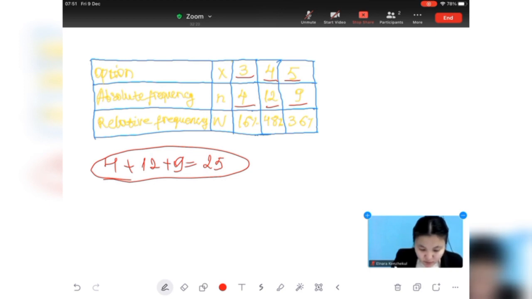To find the relative frequency, we divide the absolute frequency by the total number of students.